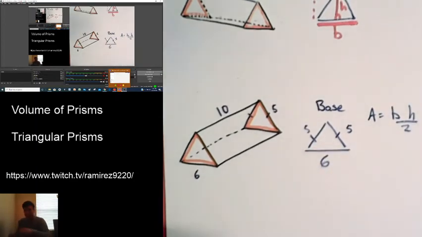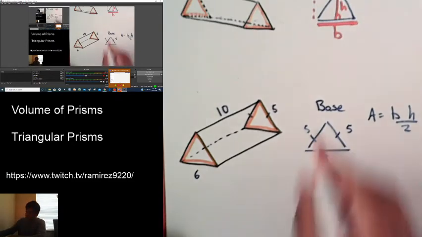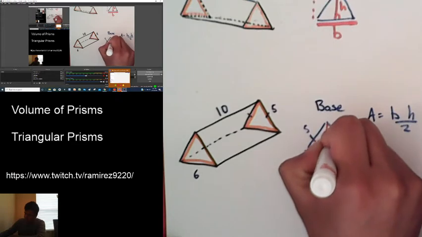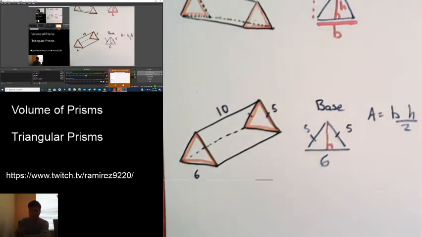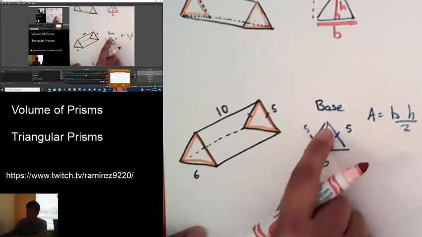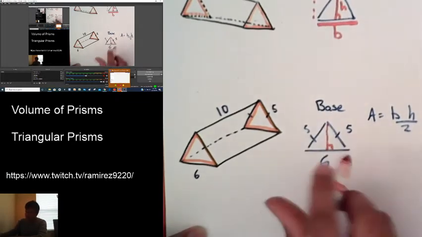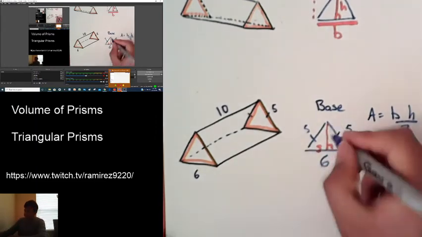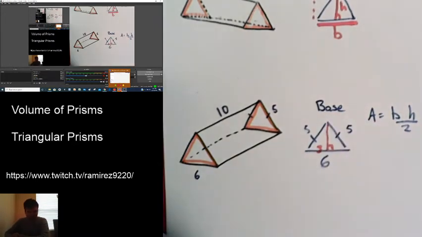We don't know the current height, but if you recall, or you just remember how to go about this, we can draw our own height. This is going to be my height. Now, it was isosceles, so I cut it right down the middle. Half of 6 is 3. So this is an embedded problem where in order to solve my height, I have to do the Pythagorean theorem.